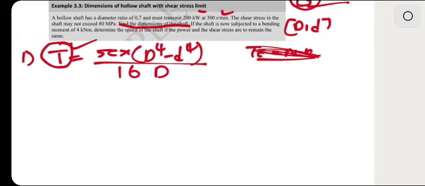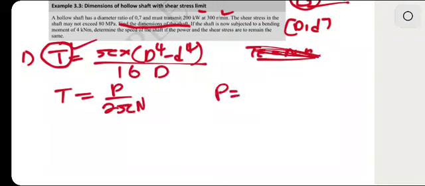The torque is equal to power over 2 pi N. From this formula of power, power is 2 pi N T. That is how we calculate the power.